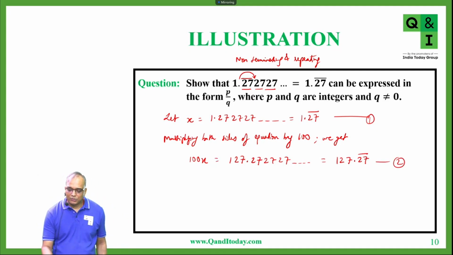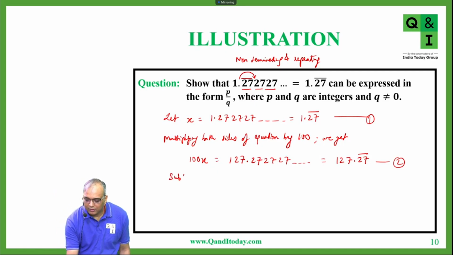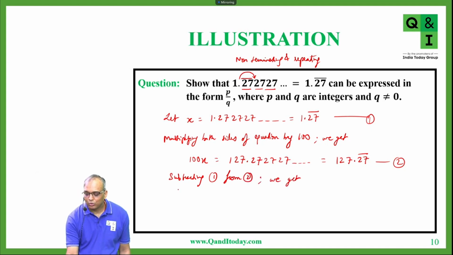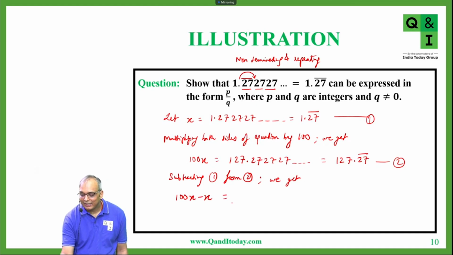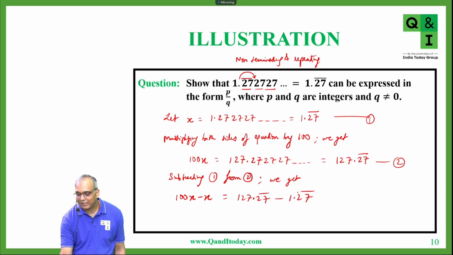Okay. So now subtracting 1 from 2, we get. So you are subtracting 1 from 2. So LHS will be 100x minus x and RHS will be 127.27 bar minus 1.27 bar.